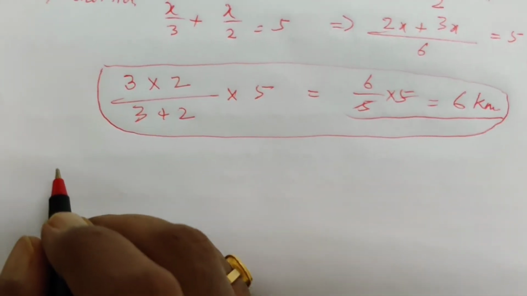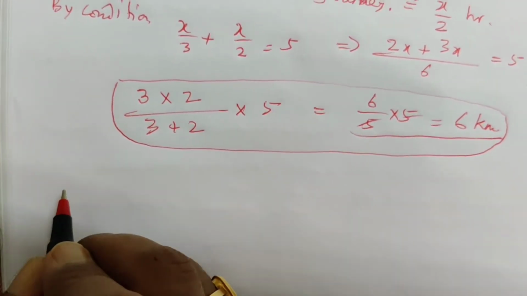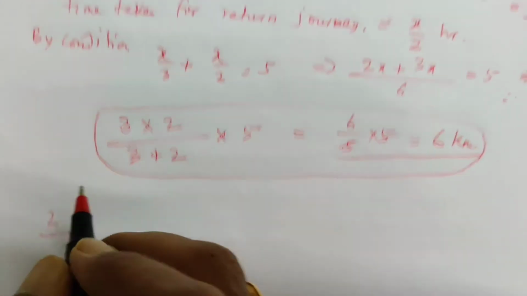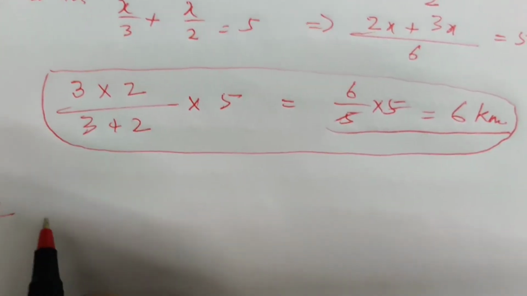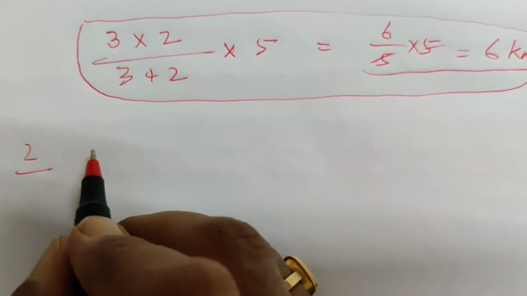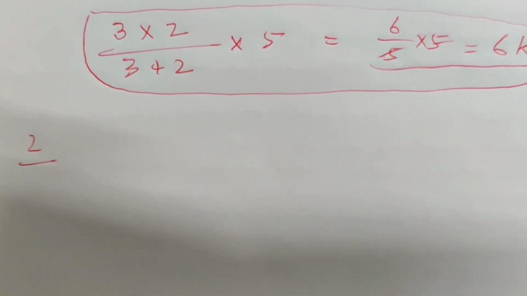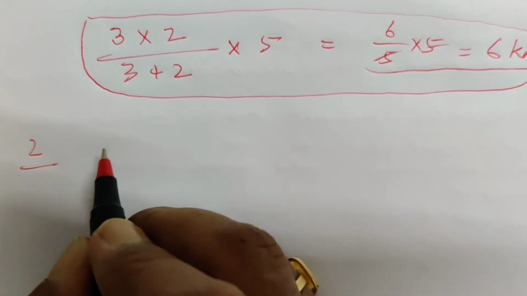Now another type, number 2. That was type number 1. This is type number 2. Type number 2 is a vehicle.